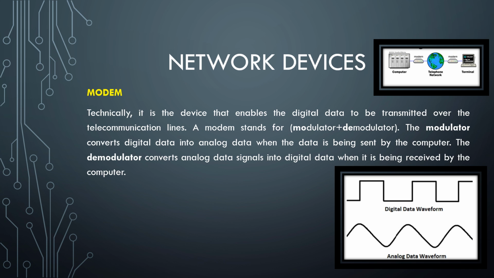This modem will now receive the analog signal and convert it into digital signal. This is how the information is transferred and travels, and then it is converted back at the destination so that the receiver can understand it. So this was the first device, that is modem.